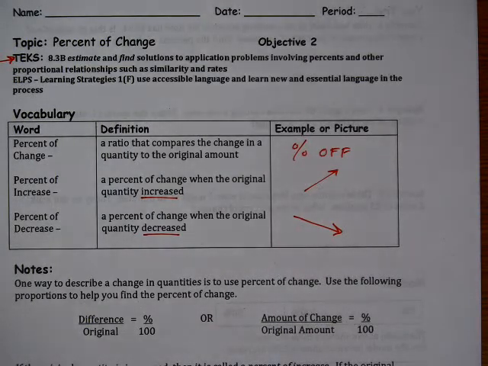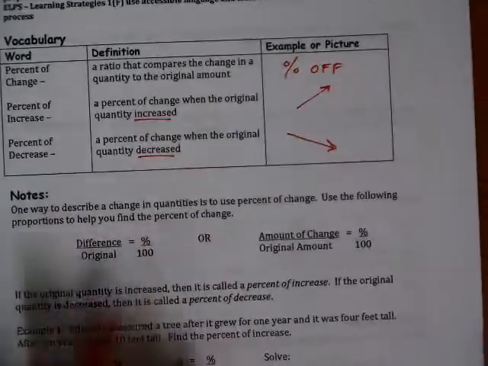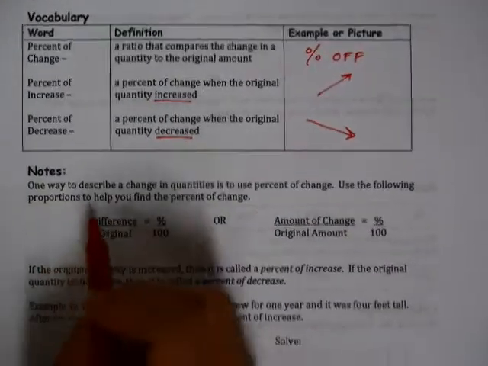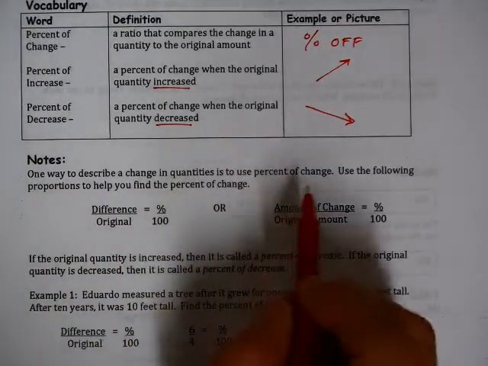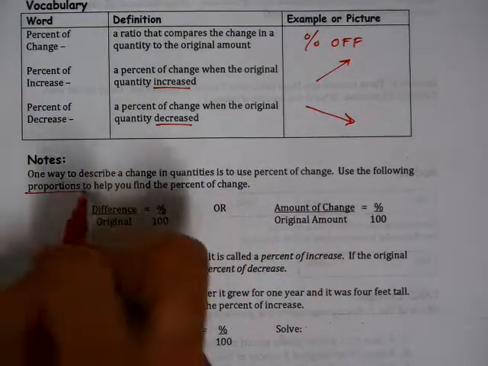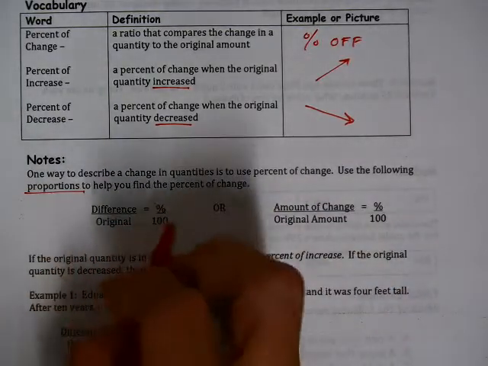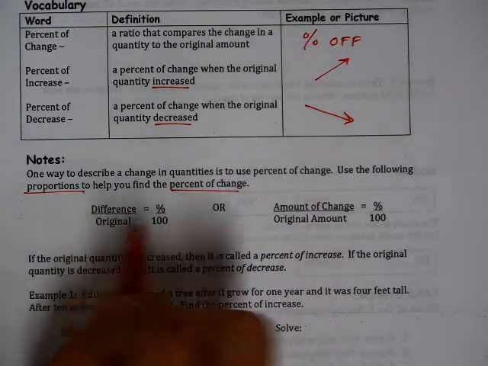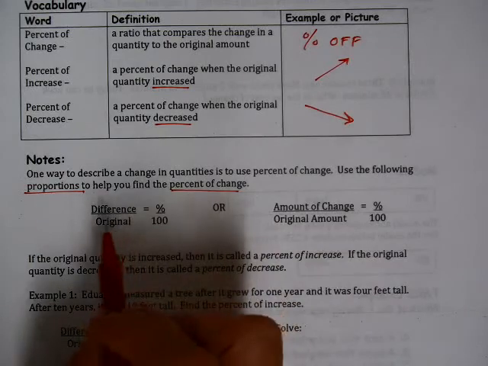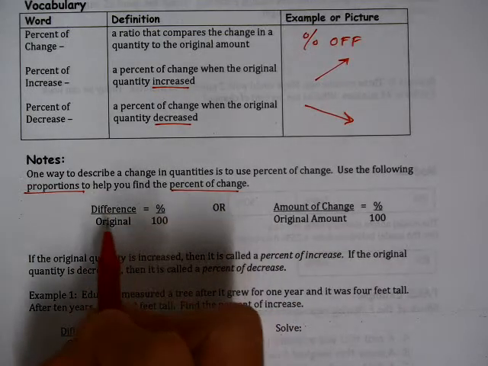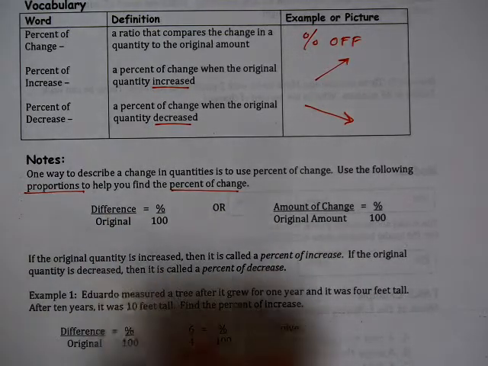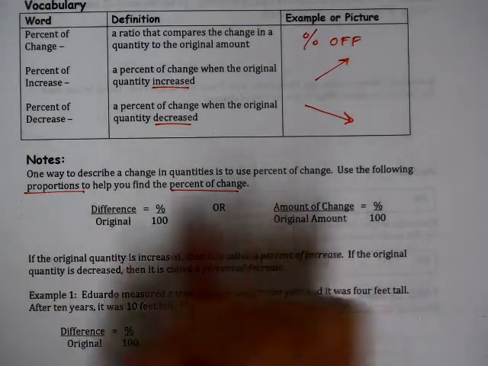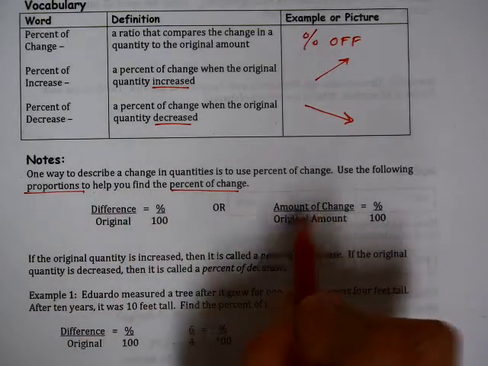Okay, so let's get into some examples and just a little bit of talking about this. Notes. One way to describe a change in quantities is to use percent of change, and there's a proportion right here that we're going to use to find percent of change. And this looks just like the percent proportion we've been doing. The difference is the percent is over 100, and we use the difference, the amount of change, over the original amount.